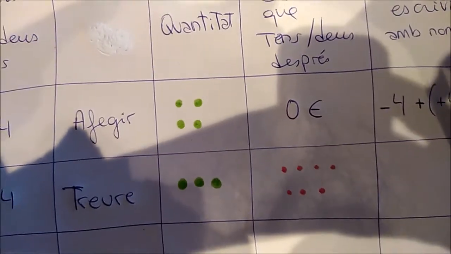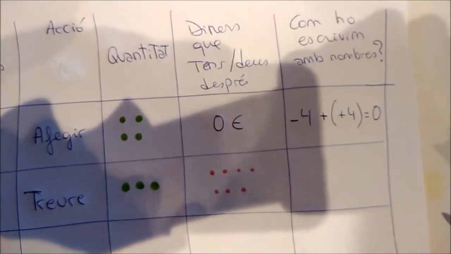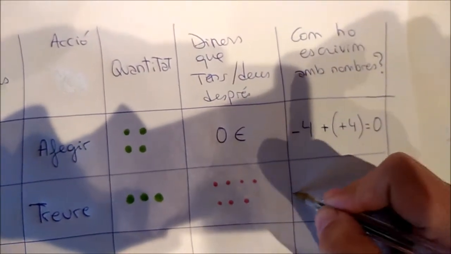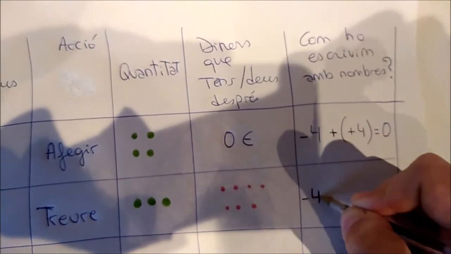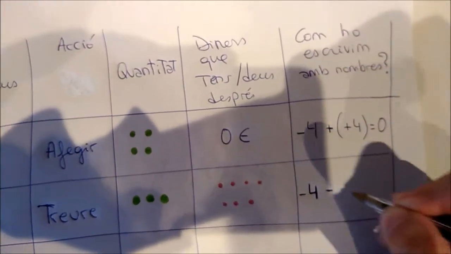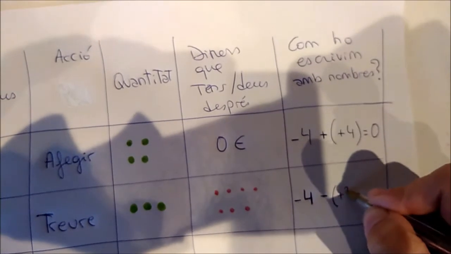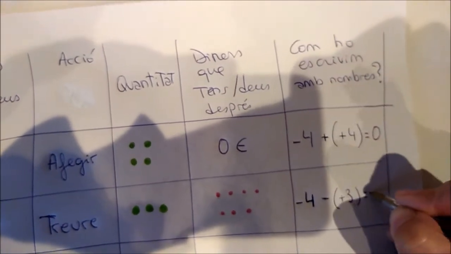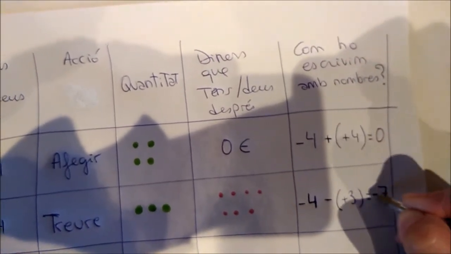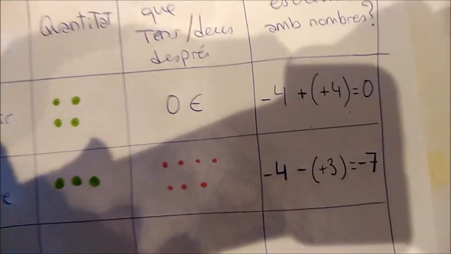Seven red ones. With numbers, we say that we began with -4. We subtract 3 positive ones, so we have 7 negative ones.